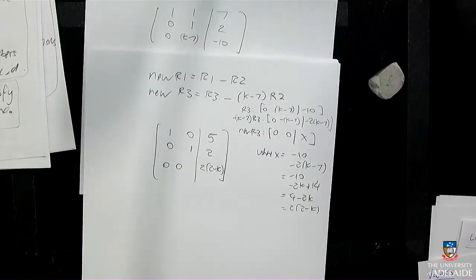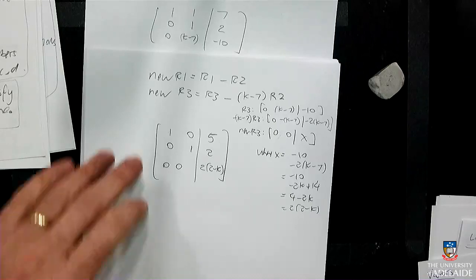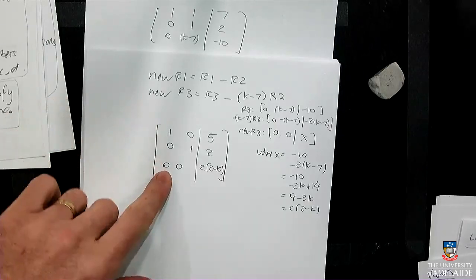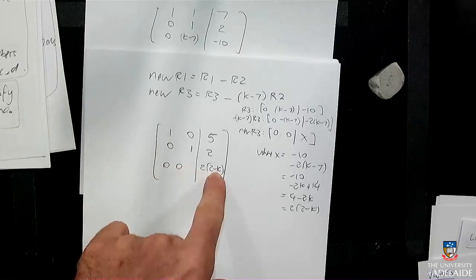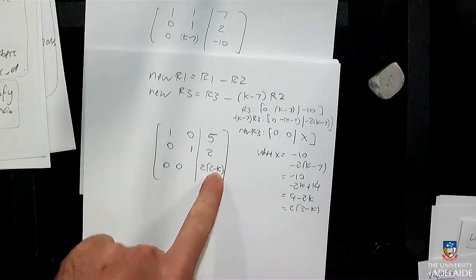Well, now we have a similar problem to what we had before, because if I've got 0x plus 0y equals this, the only way that that's going to work is if this is 0.